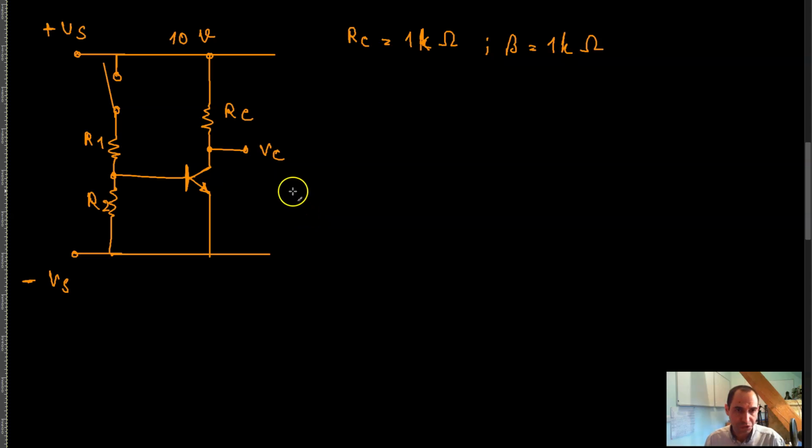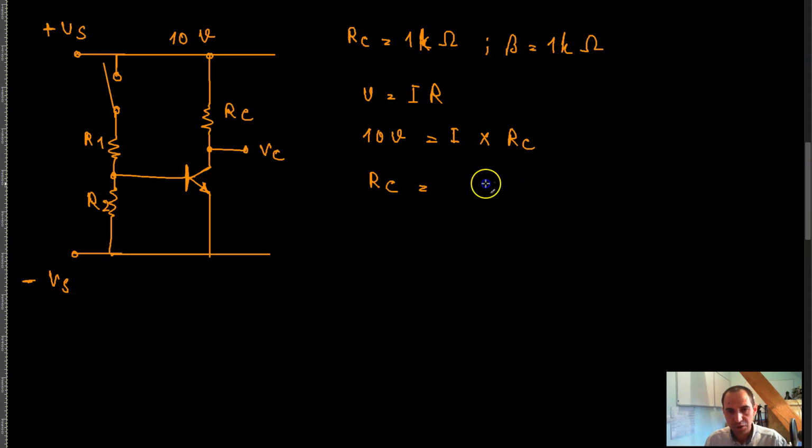So in order to turn this transistor on, you want basically the whole supply voltage to be dropped across this resistor R of C. That means that if I apply Ohm's law to this resistor, I can say that V of S, let's set the voltage on this resistor to 10 volts, and basically the current going through that, which we will calculate, times R of C.